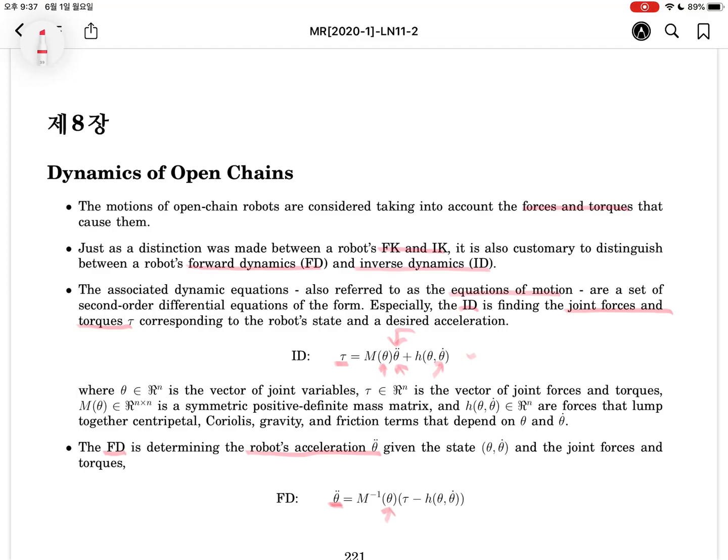The input will be theta, the current state, theta dot, and the control input. Then we can find the result as acceleration. Then we integrate theta double dot to obtain theta dot, and integrate once more to get theta. So the next theta and theta dot can be obtained using this equation. So forward dynamics is used for the simulation of a robot system.